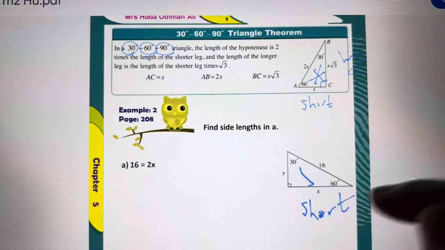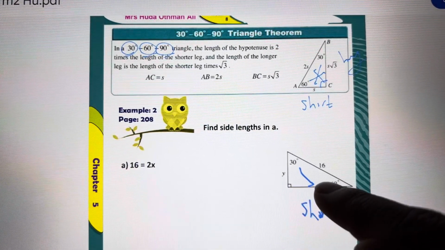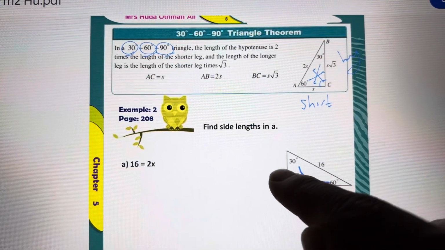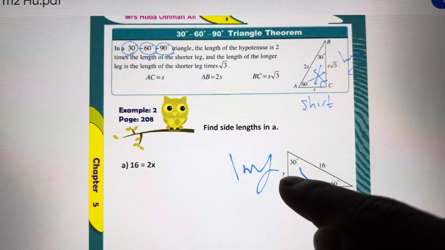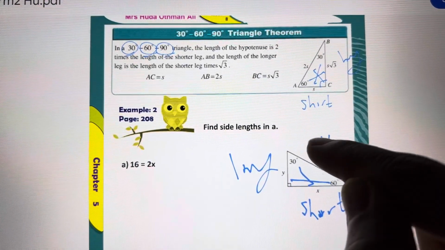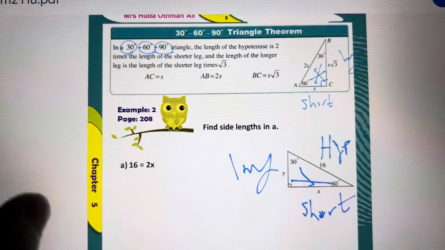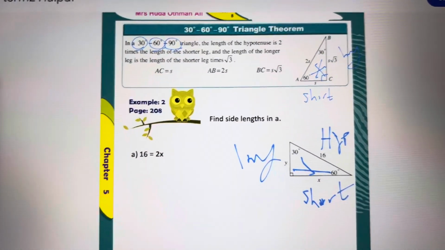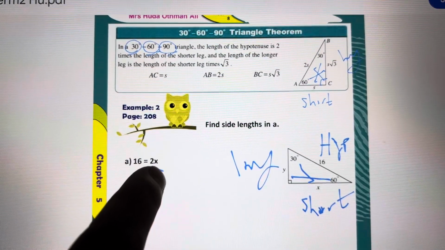This is the second step, writing the sides of the angles. The opposite to the 60 is going to be the long side, and the opposite of 90 is going to be the hypotenuse. Great. To find the X here, I ask, what do we have? We have multiplication, so I'm going to do division.